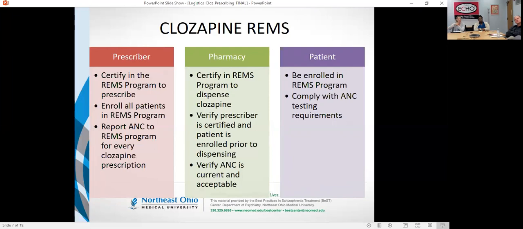They'll only get a week of medication at a time because that's all the pharmacy would be allowed to release. They need to get their blood done before they're able to get their medications, and if those results aren't back yet, the pharmacy may not release their medications at all. That is for safety reasons, to ensure that the patient does not have a low ANC.